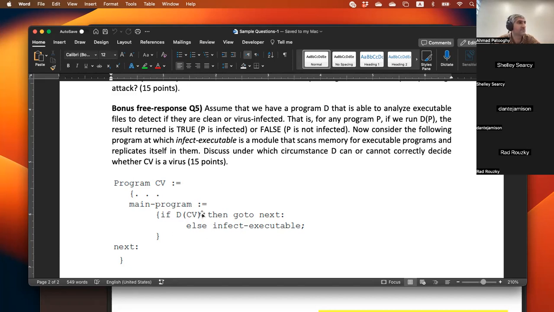If yes, CV is not going to do anything bad. Otherwise, it does a bad thing. So now the question is, what are the conditions at which CV will be detected? What are the situations at which CV cannot be detected? Any thought on that?